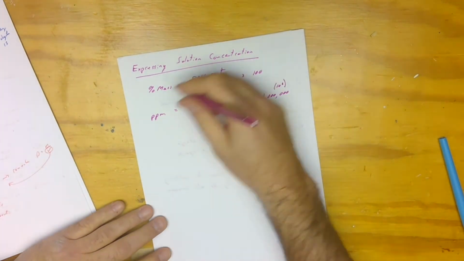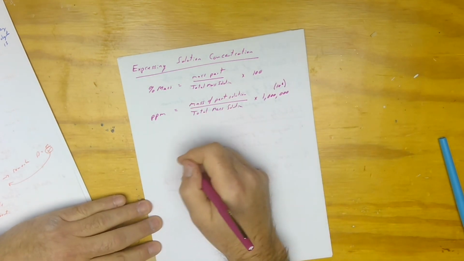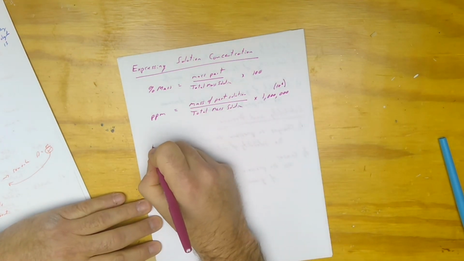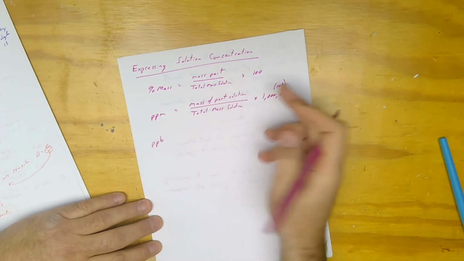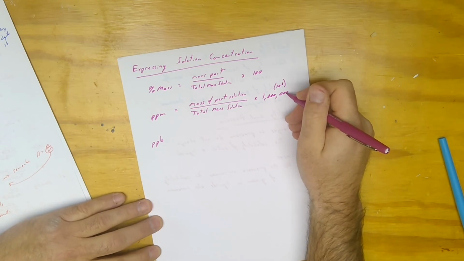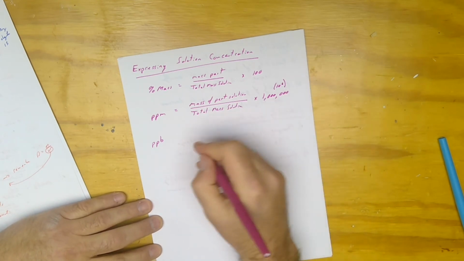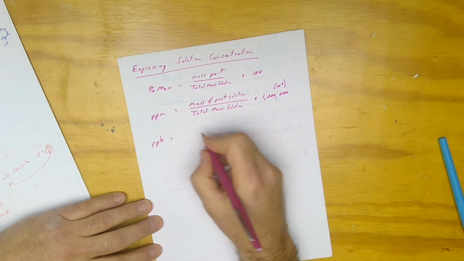So we use parts per million when we're talking about dilute solutions. You can actually get into parts per billion, ppb. It's exactly the same as these, except instead of multiplying by 1,000,000, we multiply by 1,000,000,000. And these are for very, very dilute solutions.